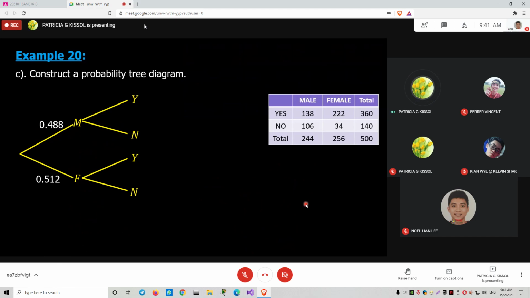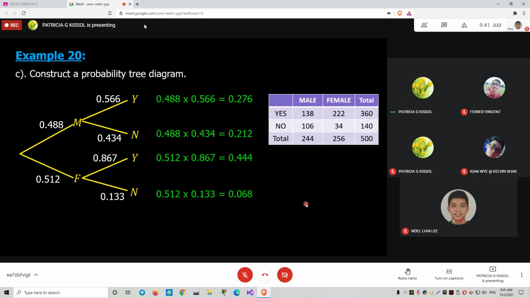Yeah, which if you calculate, you get these 2 values, and yes or no. So all these are the values for the probability tree, and these are the joint probabilities. That means you combine m and y, m and n, and all these are the values of the joint probability, of course. All right, so moving on.